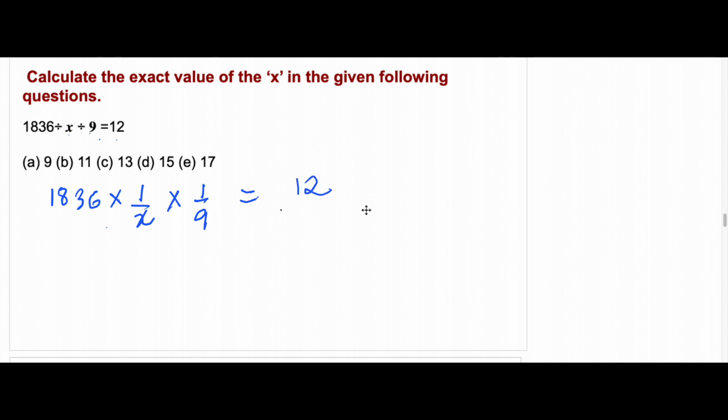Now let's cancel by 12. 12 into 1 12, 12 into 1 12, so we have 6, 6 and 6 3, so 12 into 5 is 60, so 3 6, 12 into 3 is 36. Okay, now can we cancel by 9? Yes, so let's cancel by 9. 9 into 1 9, so we have 6, 6 3, so 9 into 7 is 63. Okay, so x is equal to 17, so option E is our answer.